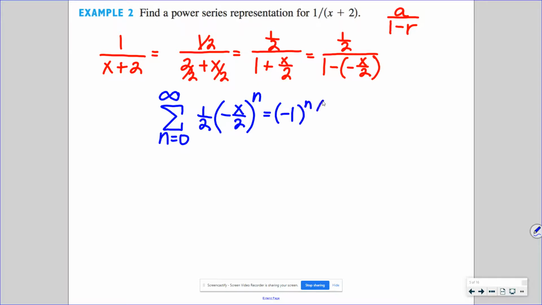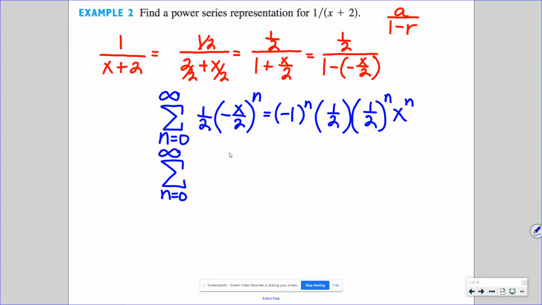We can actually do this. Watch. I have 1/2 on the outside, right? But I could also write this as 1/2 to the power of n, meaning this over 2 thing, x to the power of n. Just showing you your options, okay? Then we could do a little bit more.